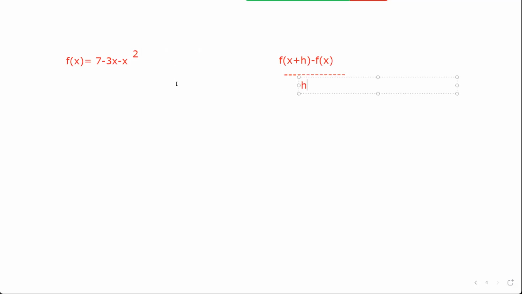There's a ton of algebra involved in this, and the calculus comes at the end. So we have a ton of algebra, a little bit of calculus, and then a lot more algebra to do.